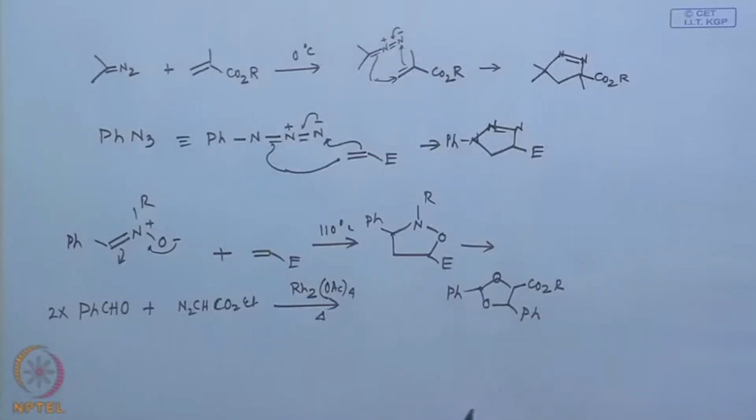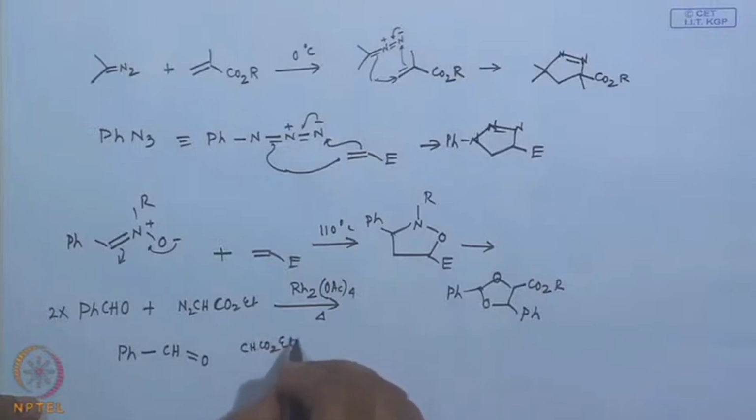and what is this mechanism? The mechanism goes like this. So, once it forms a new kind of dipole, if you rewrite, the structure would look like this, and if it decomposes, it forms a carbene, right. So, this is a carbene, and the lone pair of oxygen goes to the carbon here.